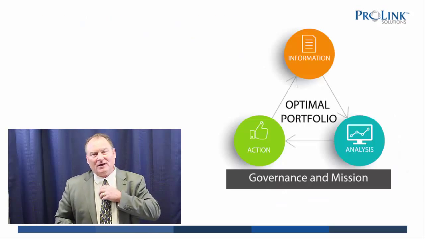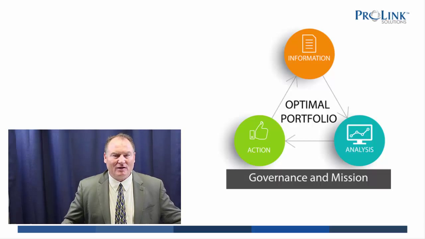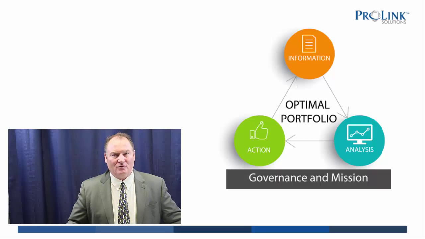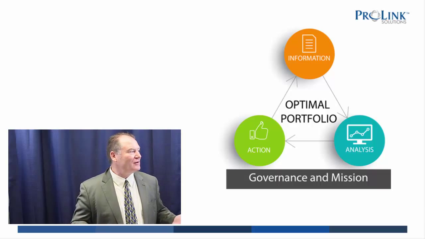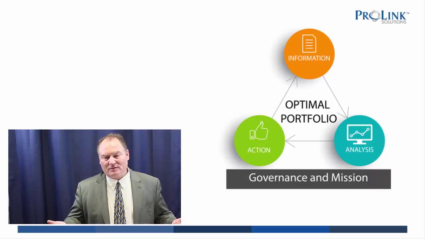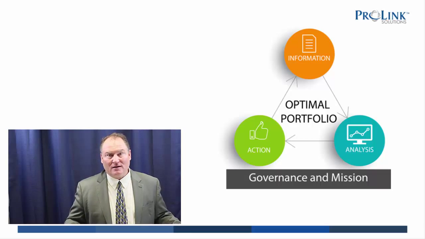So what are the major components of good asset management? We break them down into three major components with an underlying base of governance and mission. Governance and mission is at the base because without it, we can't optimize our portfolio, because we don't know what we're optimizing it for.